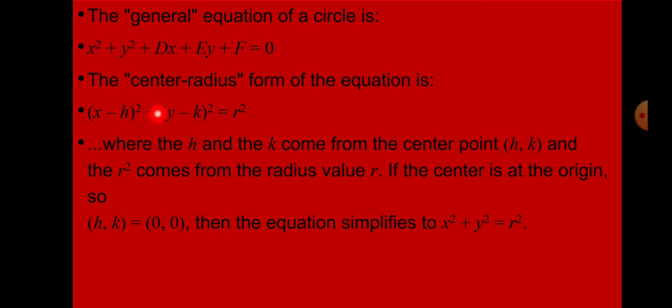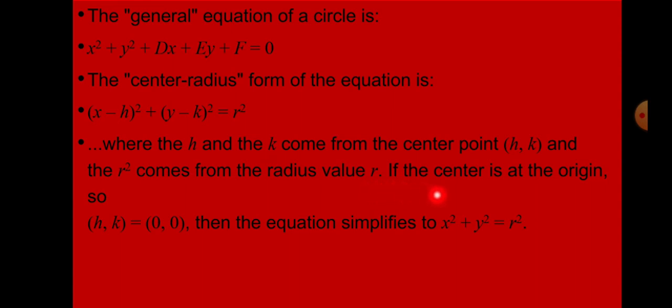And the center-radius form of the equation is x minus h squared plus y minus k squared equals r squared, where the h and the k come from the center point h, k, and the r squared comes from the radius value r.